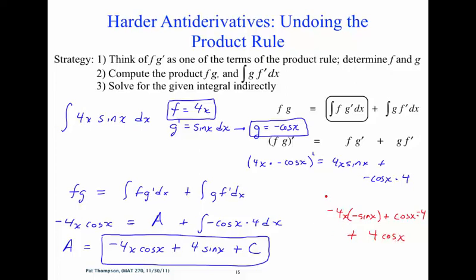So this is the derivative of our answer. And look what happens: negative 4 cosine x and positive 4 cosine x go away. We're left with negative 4x times negative sine x, which equals 4x sine x. Is that what we started with? Yes. Check. Got it right.